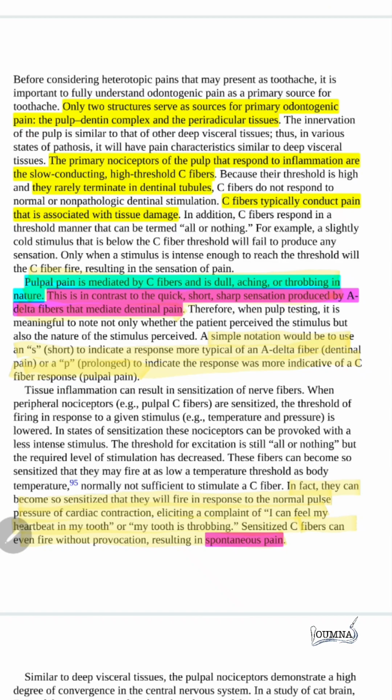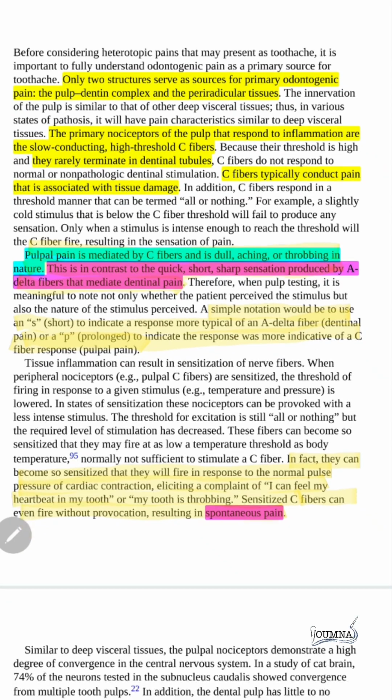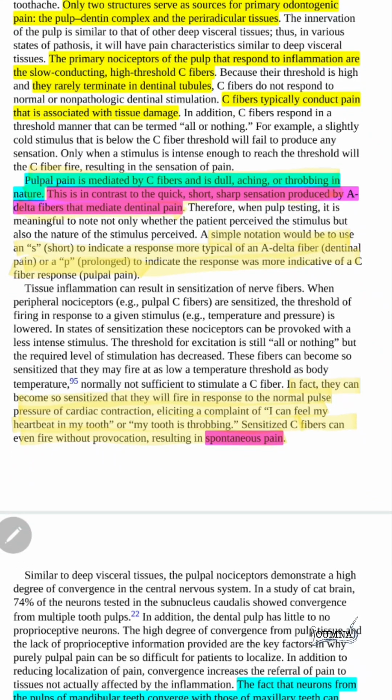Something to take perspective of: when there is an inflammation that is prolonged in time, the C fibers' pain threshold becomes less, and they can be as sensitive as to respond to the normal pressure of the cardiac contraction, which means that the patient can feel the heartbeat in his tooth, or he may say that my tooth is throbbing.